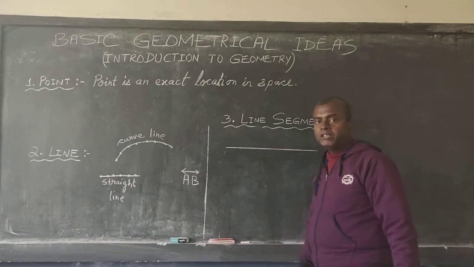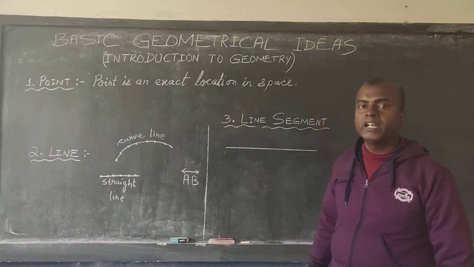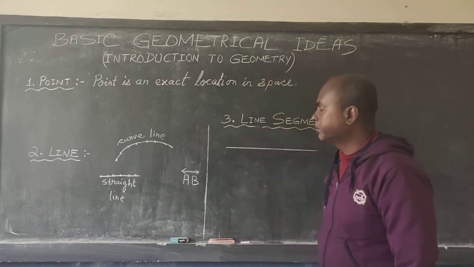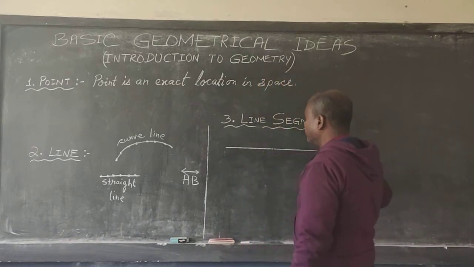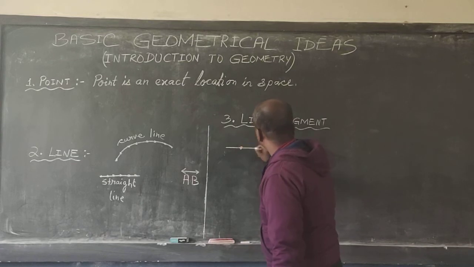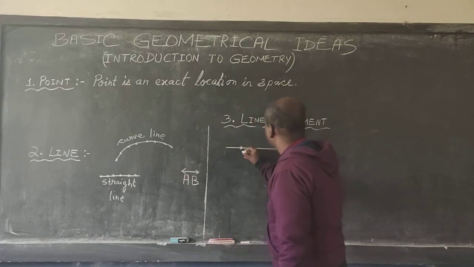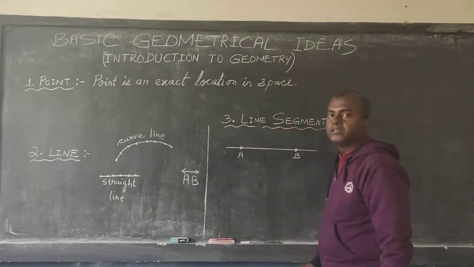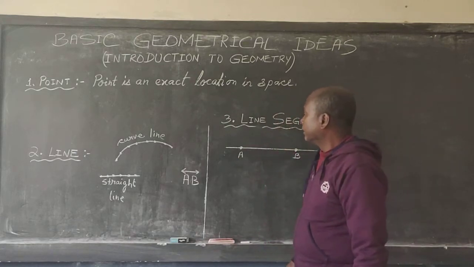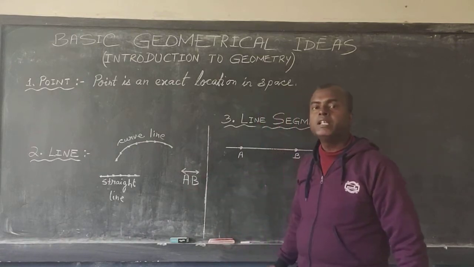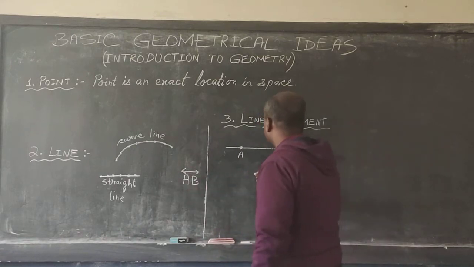But a line segment has a starting and an ending point. This is the difference between a line and a line segment. So in this particular line, I can select 2 points. This point's name is A and this point is B. Now, if a line is represented by this notation, how will a line segment be denoted?